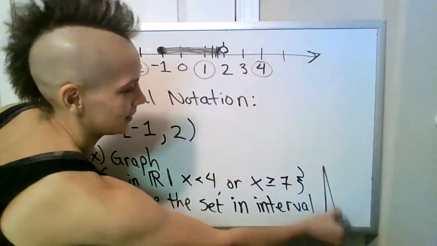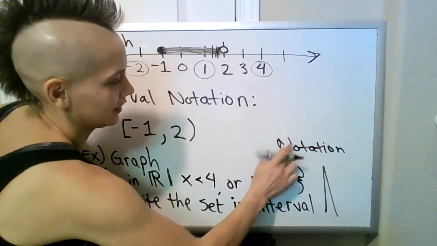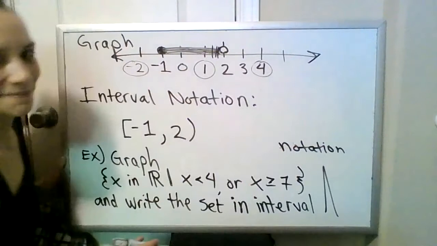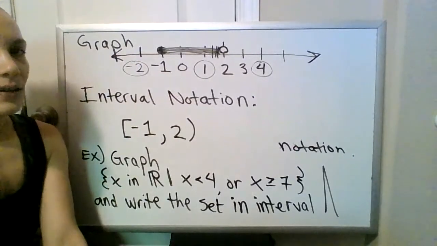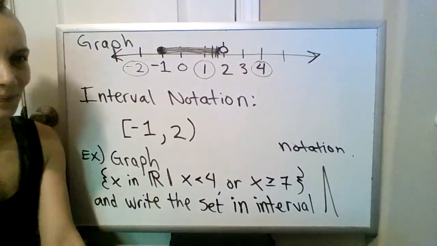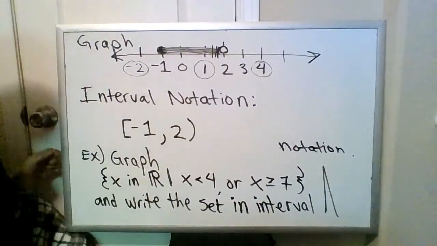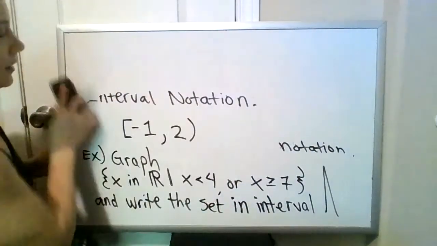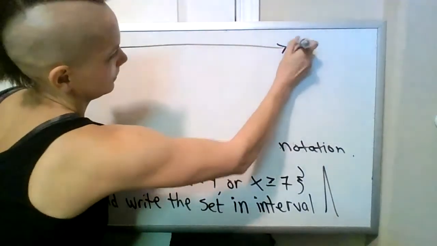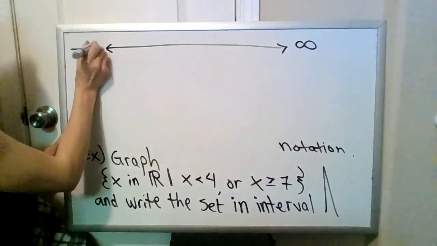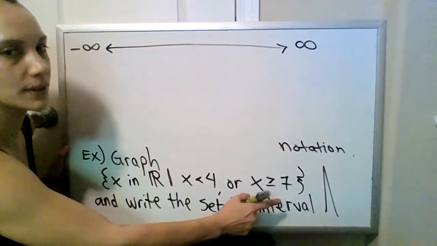So we're starting with a number line to do the graph. We need 4 on the graph and we need 7 on the graph.